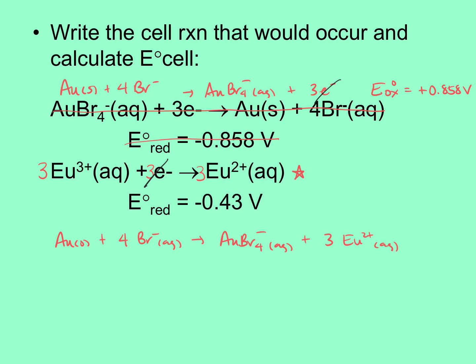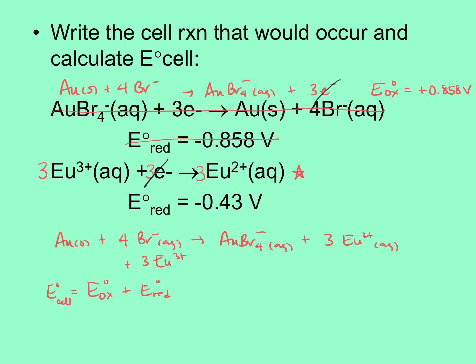I also should have added over here, sorry about that, 3 Eu3+. Again, because we multiplied this line by 3, that has no impact on the value for the reduction potential. The oxidation plus the reduction potential will give you the overall E for the cell.